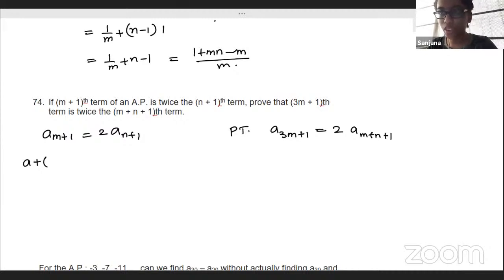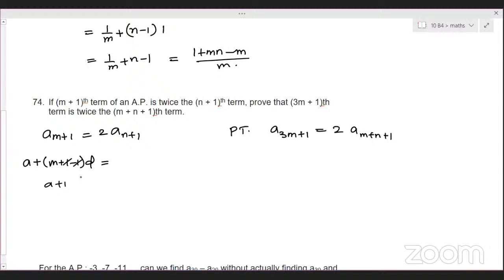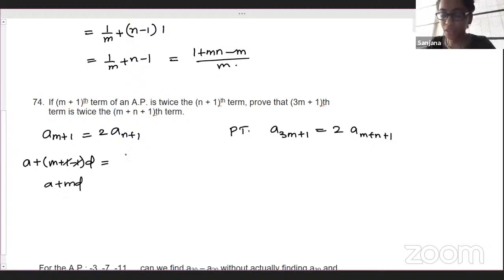So a m plus 1 is equal to a plus m plus 1 minus 1 into d, which is a plus md. And for the n plus 1th term, n is equal to n plus 1. So a n plus 1 is equal to a plus n plus 1 minus 1 into d, which is a plus nd.